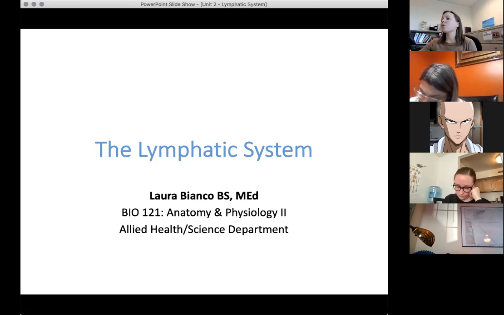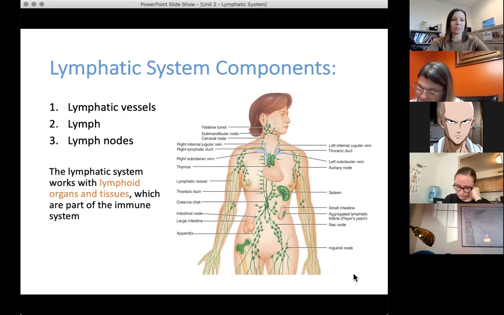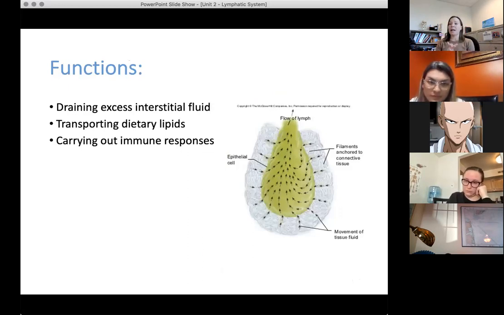Okay, so for the functions of the lymphatic system, oops, I forgot to advance my slide. For functions, this is not filled in, so you'll want to fill this in as I go through the definitions. Number one, it helps to drain excess interstitial fluid.